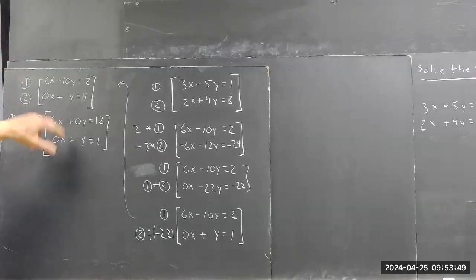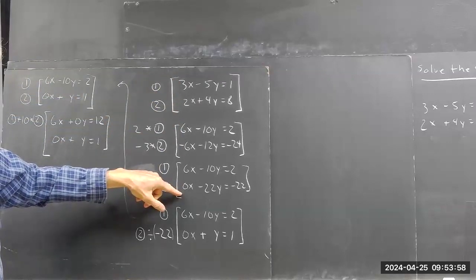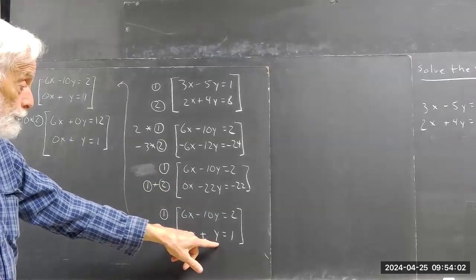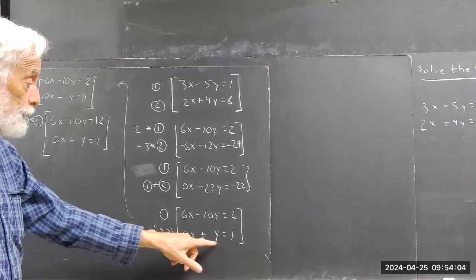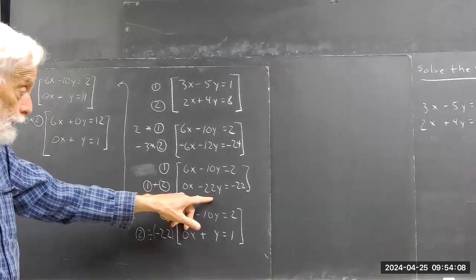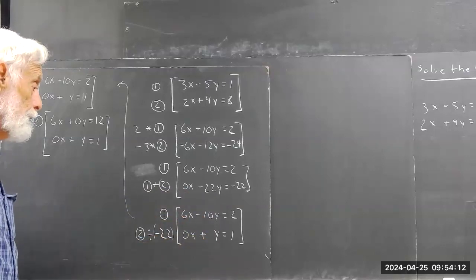Okay, now you might or might not have seen a step like this, but you understand. First, we eliminate x, we get a 0x here. Then we want just a y here. A 0x and a y. That's going to give us our solution for y. So we just divide this equation by the coefficient of y, and there we have it.